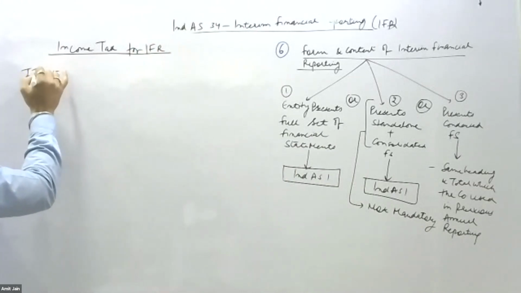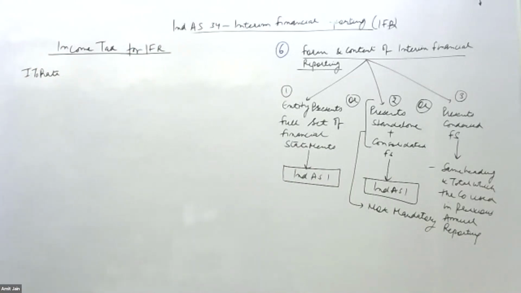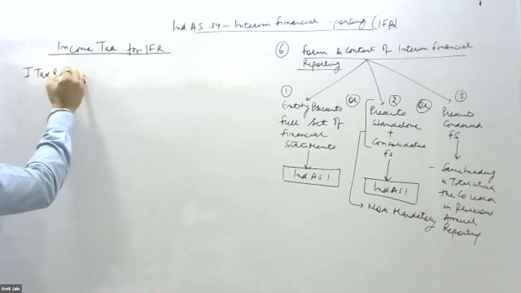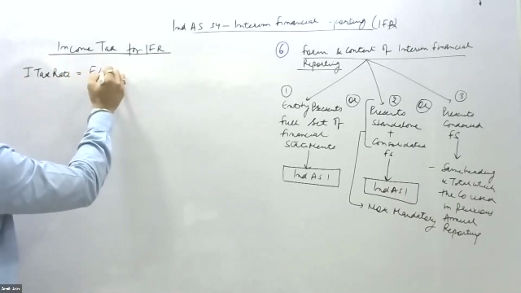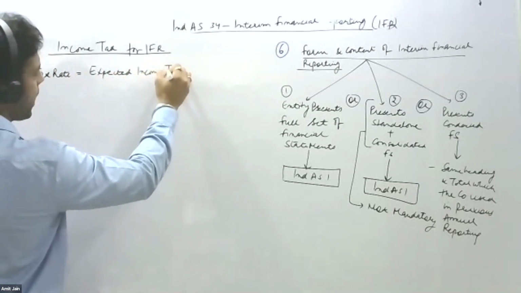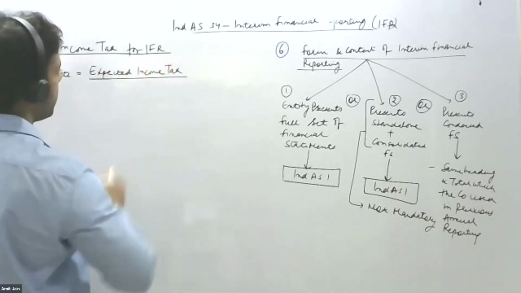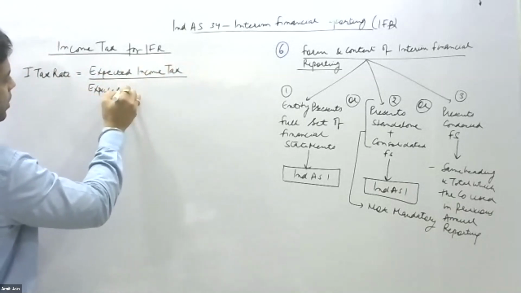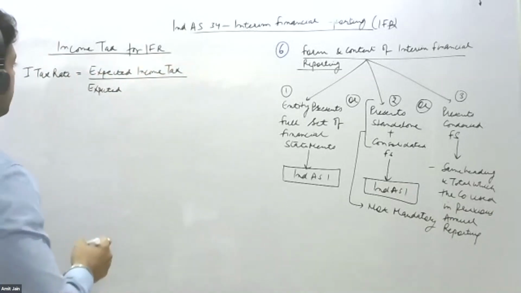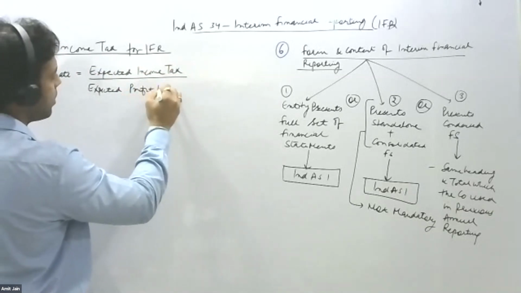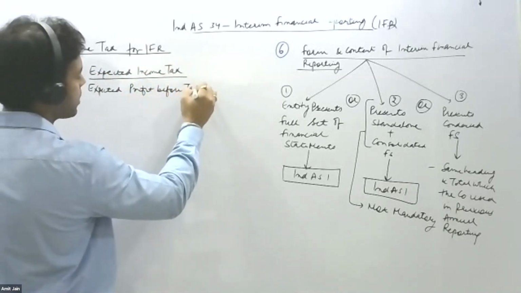It will be computed using the income tax rate. How will the income tax rate be computed? Expected income tax divided by expected profits before tax.